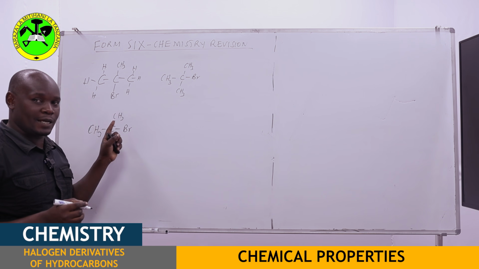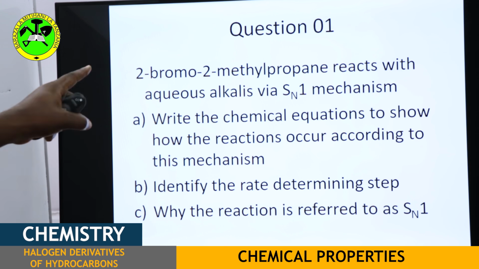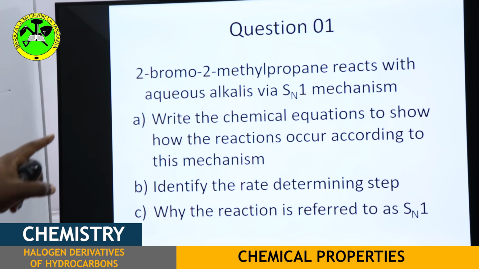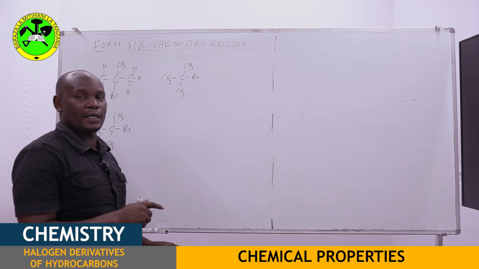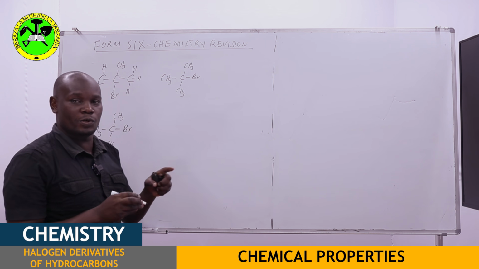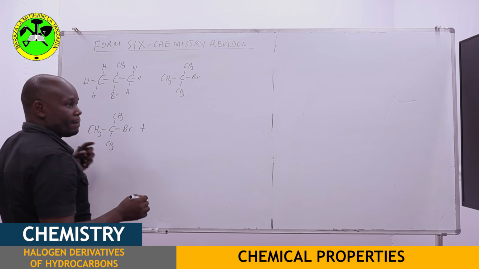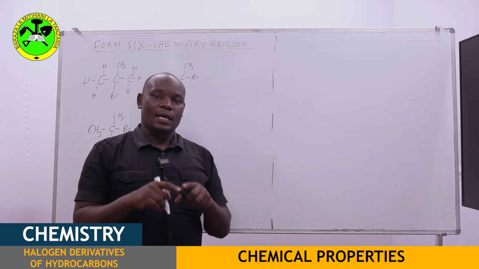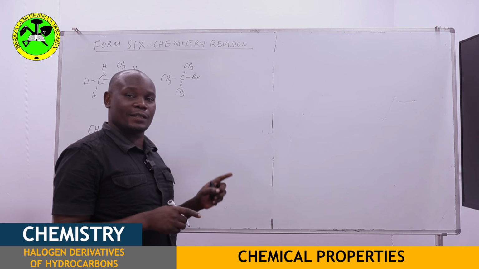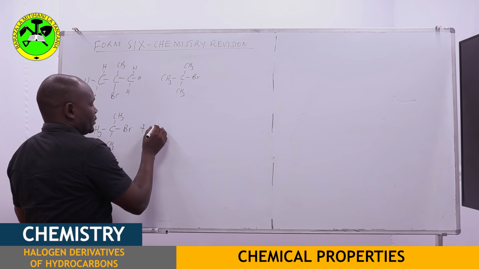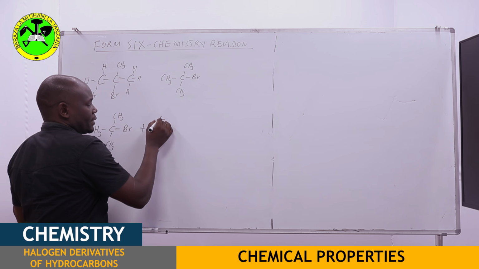So if it is a tertiary haloalkane, that means it undergoes a first order nucleophilic substitution reaction, meaning that the reaction depends on the concentration of only one reactant. So our alkali releases hydroxide ions as the nucleophile, and the hydroxide ion is a strong nucleophile that can substitute the halogen. So our nucleophile is hydroxide.